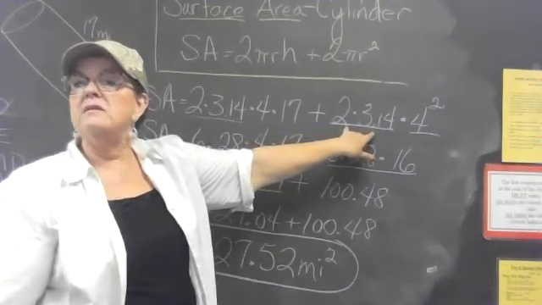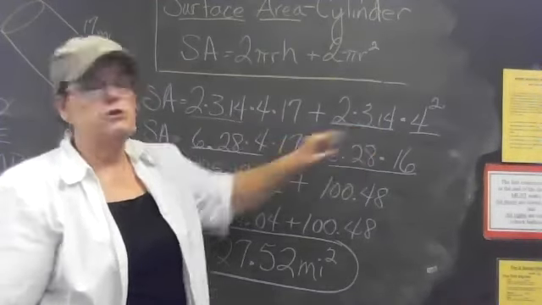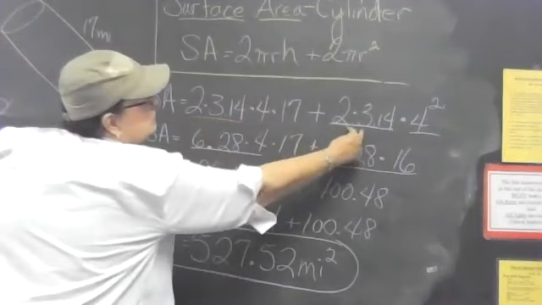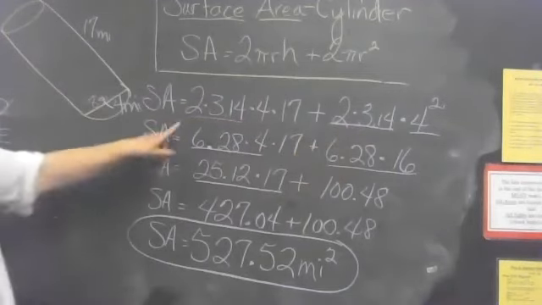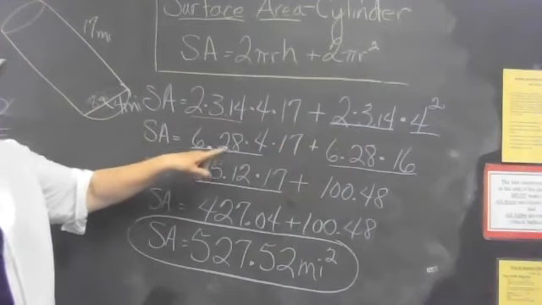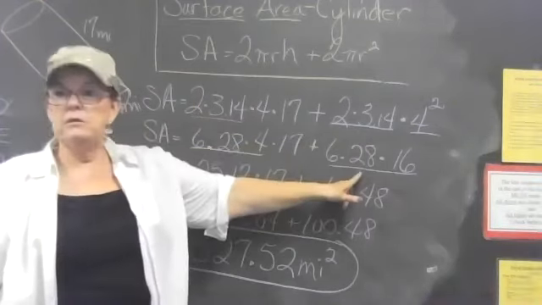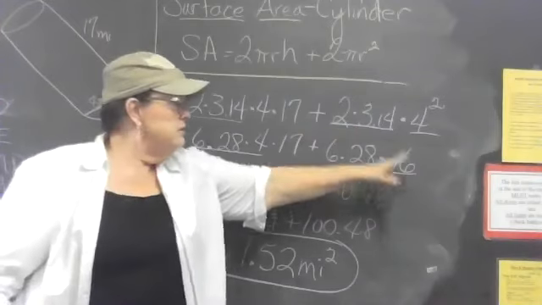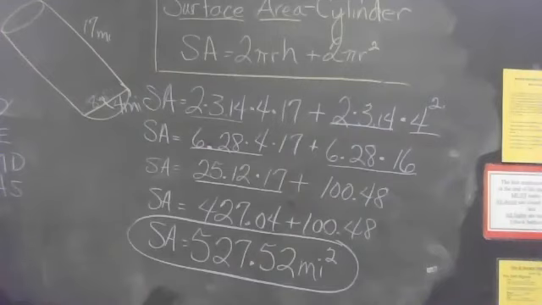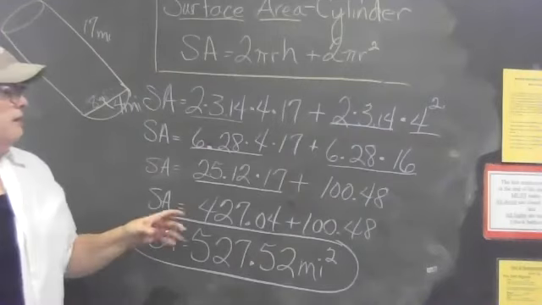Like I said, I skipped some steps, okay? So I went from the exponents straight to the multiplies. The one that I underlined is 2 times 3.14. That gave me 6.28. This one gave me 6.28 times the 16 that I had already done. And then from there, I kept trying to do the multiplication left to right.